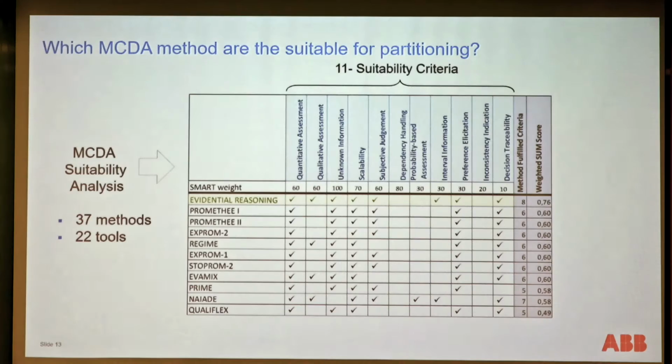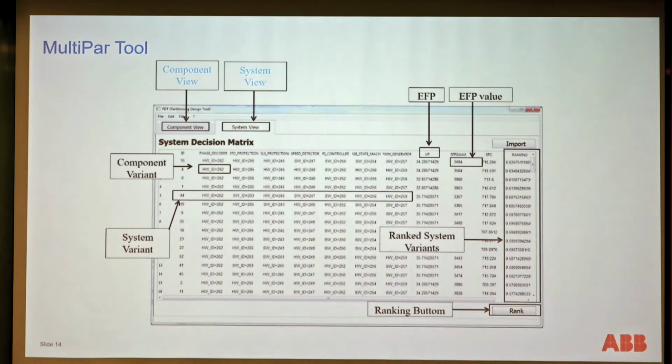Based on this result, we also asked which tools were available, and there are no tools that can be directly applied for using MULTIPAR. Thus, we implemented a tool with the same bottom-up approach that was shown in the process flow.